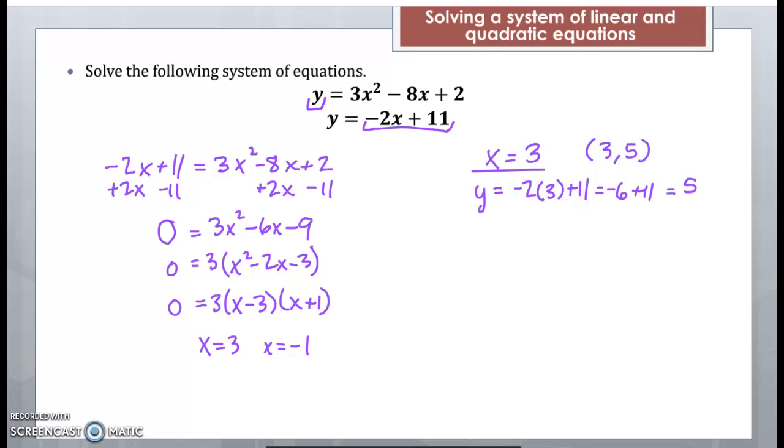How can I check that? Well, I can plug it in. I can plug 3 into the first equation and see if it's going to equal 5 as well.